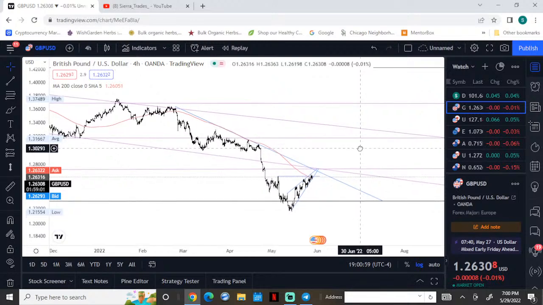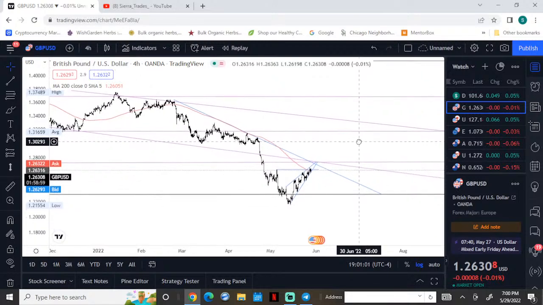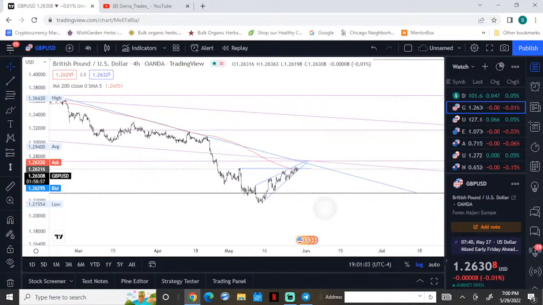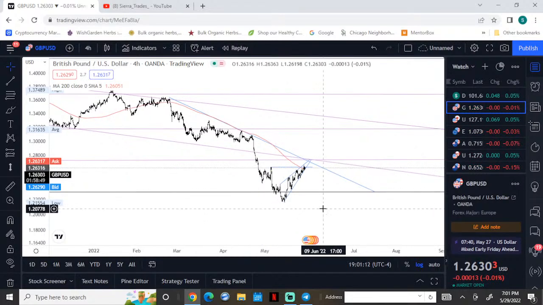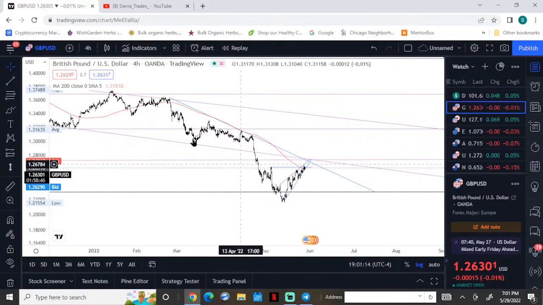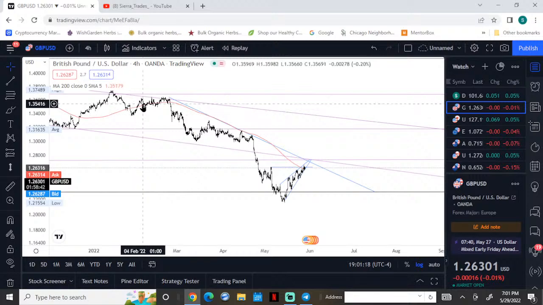All right, so I'm gonna put my fib. So currently, price is right here at this structure point. It has not broken. This is a structure point, so we have this high, higher low, high, lower low, higher low, equal low.